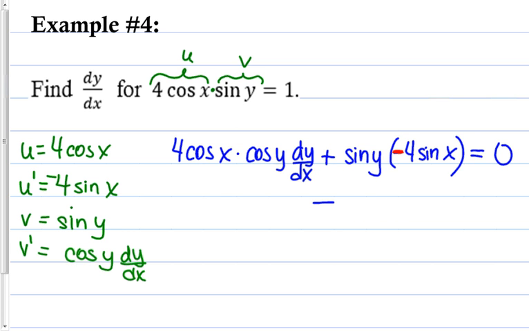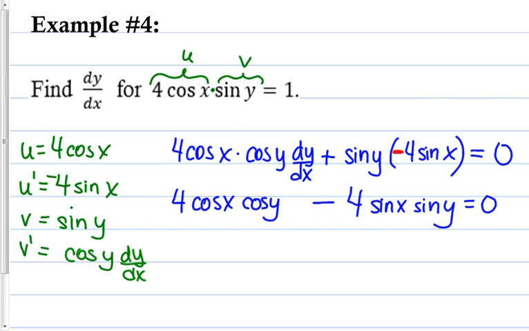I forgot about the 4. Minus 4 sine x sine y. Let's go ahead and write it like that. And then this is still just 4 cosine x cosine y dy/dx.